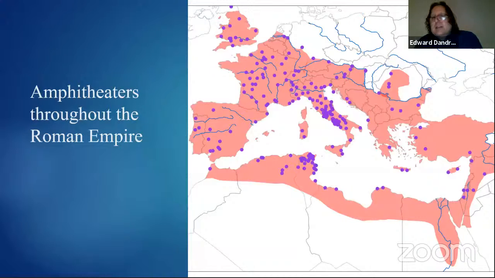Unfortunately, Pompeii doesn't get to participate in that imperial expansion, or the expansion of imperial culture that occurs after 79. So we're looking at a culture now that's not just particular to Pompeii or to Rome, but particular to the entire Mediterranean.